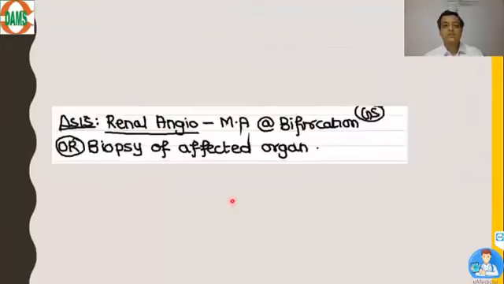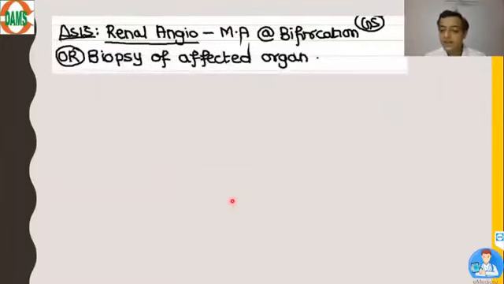Right? So how to diagnose the disease? Renal angiography. Yes, the diagnosis can be done by two methods. Renal artery is the most common artery involved.